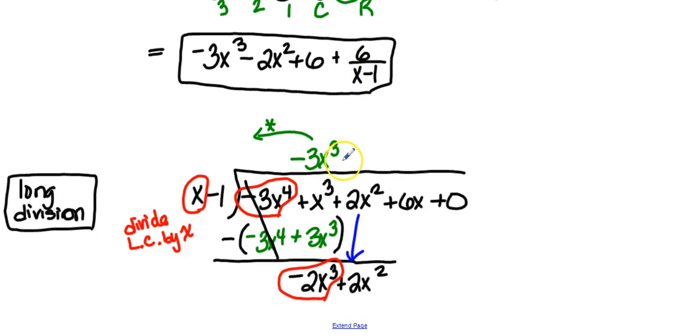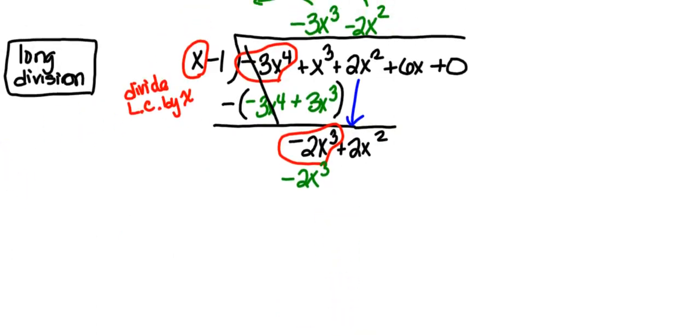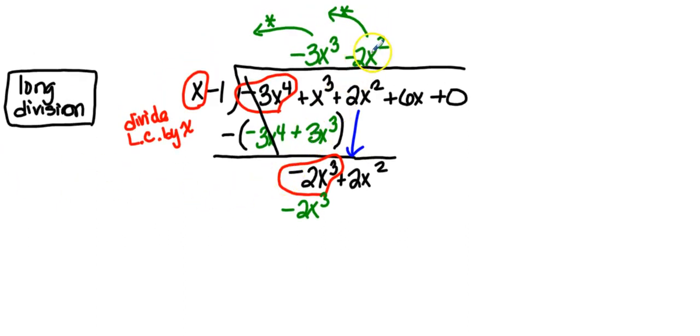Answer, negative 2x squared. Multiply through. Negative 2x squared times x is a negative 2x cubed. Negative 2x squared times a negative 1, positive 2x squared.